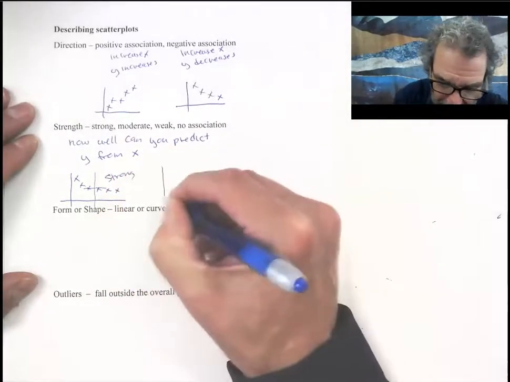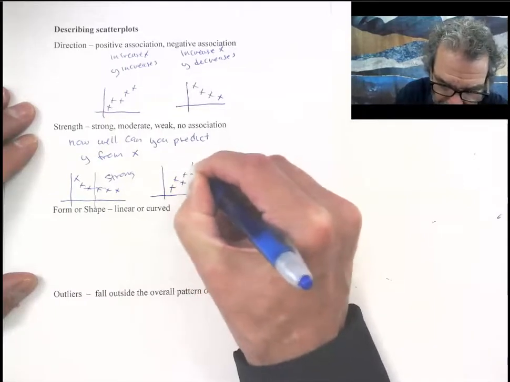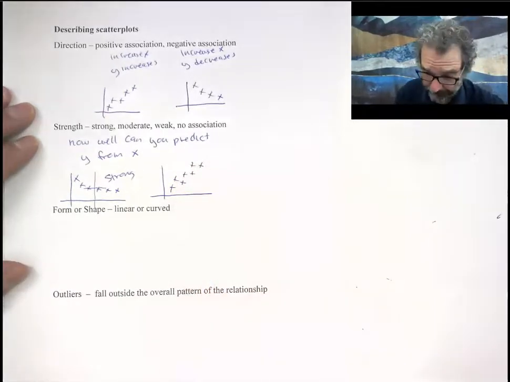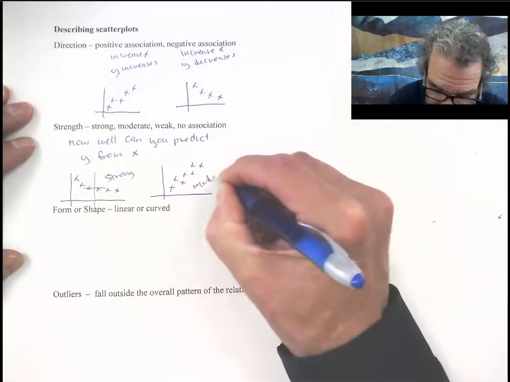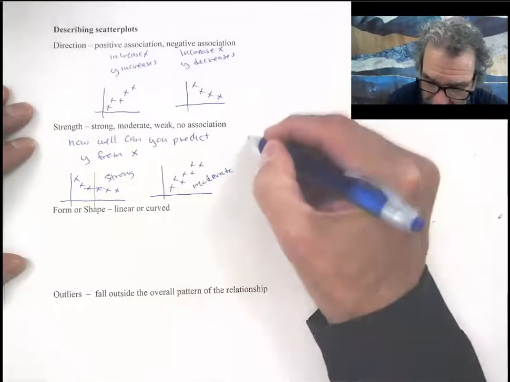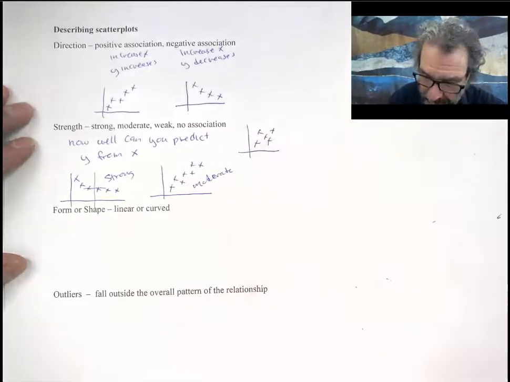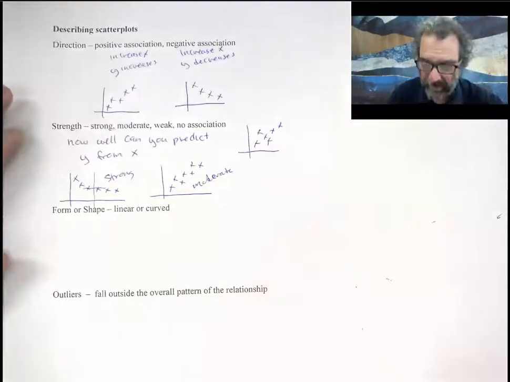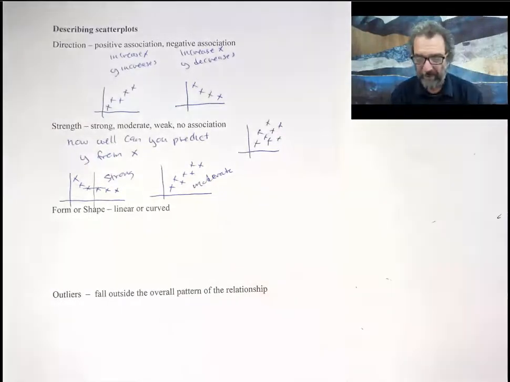Sometimes it's a clear pattern, but you don't know exactly what y is, so we call that moderate. And weak, maybe weak looks like this. There's some indication as you increase x, y increases, but you can't tell a whole lot.